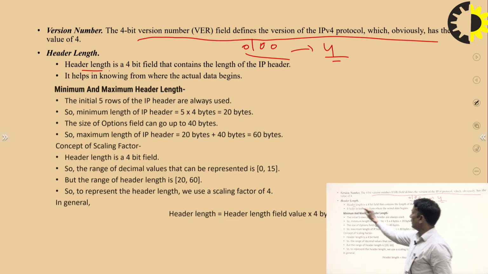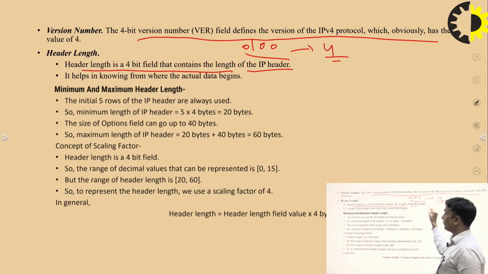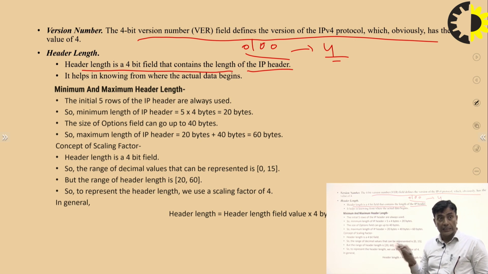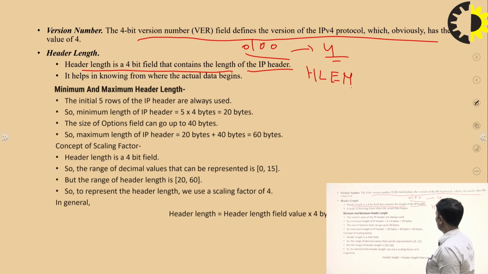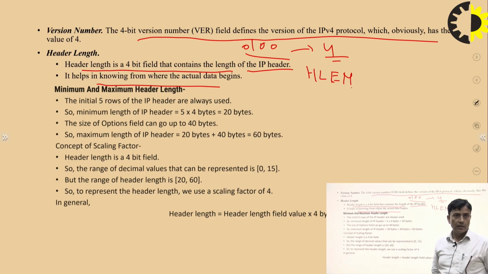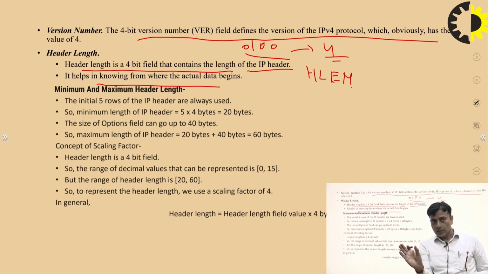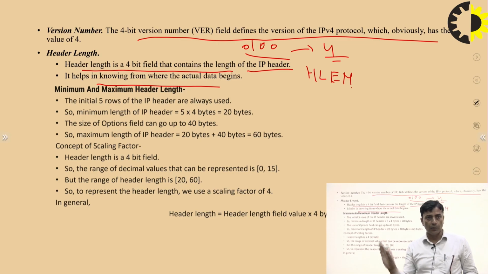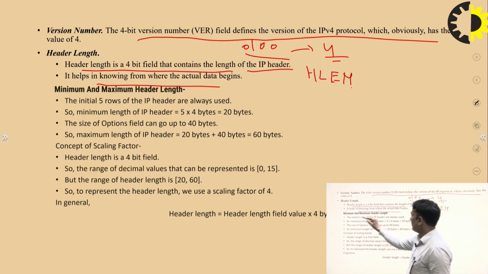Header length is a 4 bit field that contains the length of the IP header. What is the size of the IP header? That is mentioned in this HLEN field, header length. It helps in knowing where the actual data begins, that is, after the header the actual data or payload starts.